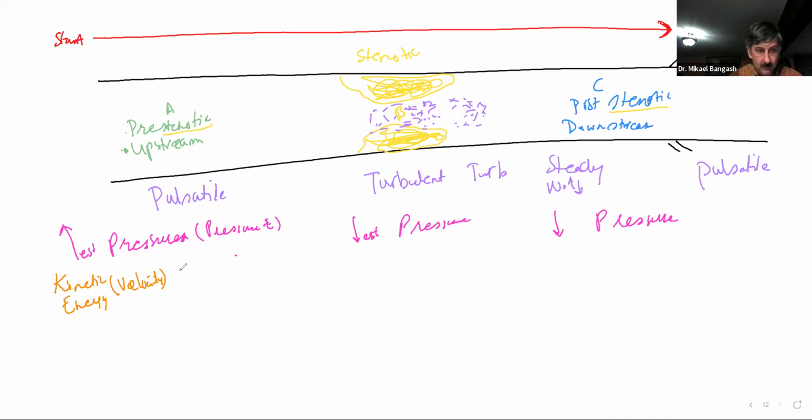Now, guys, it may sound crazy, but here it's okay to lose velocity, or we can say it's okay to lose kinetic energy, which mainly is at greatest velocity at the stenosis.